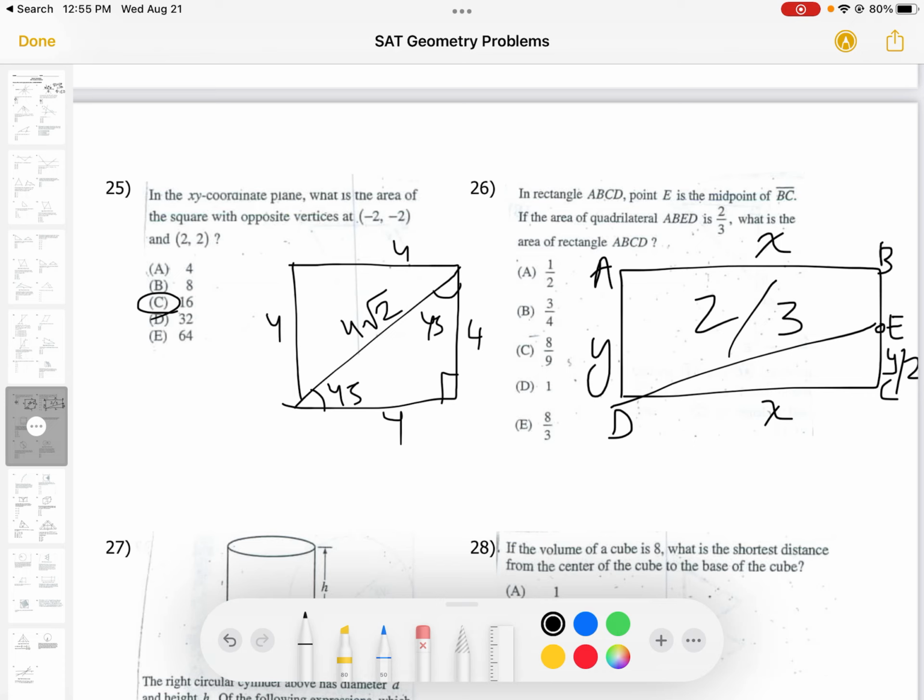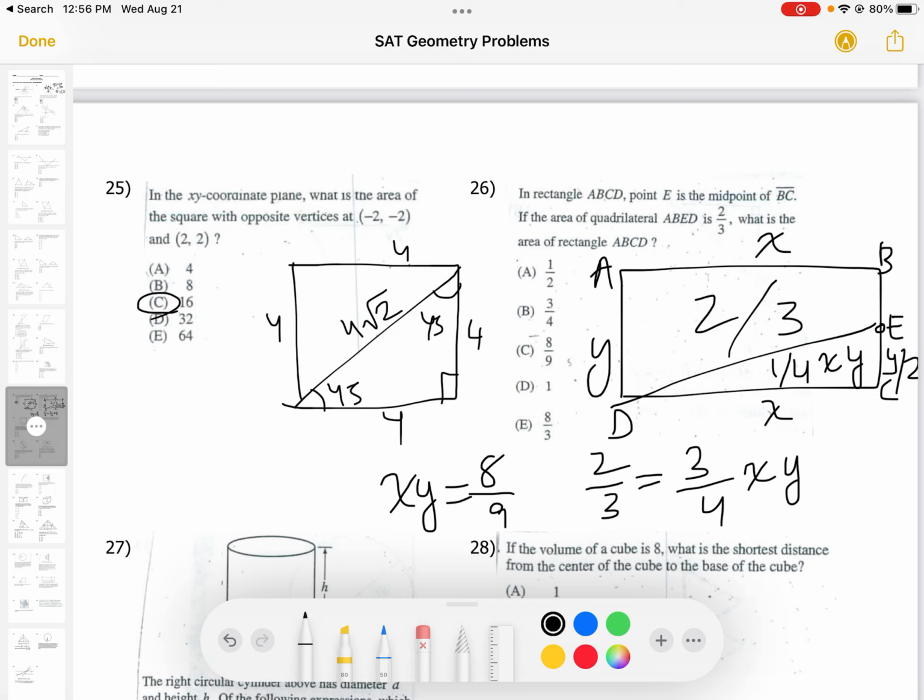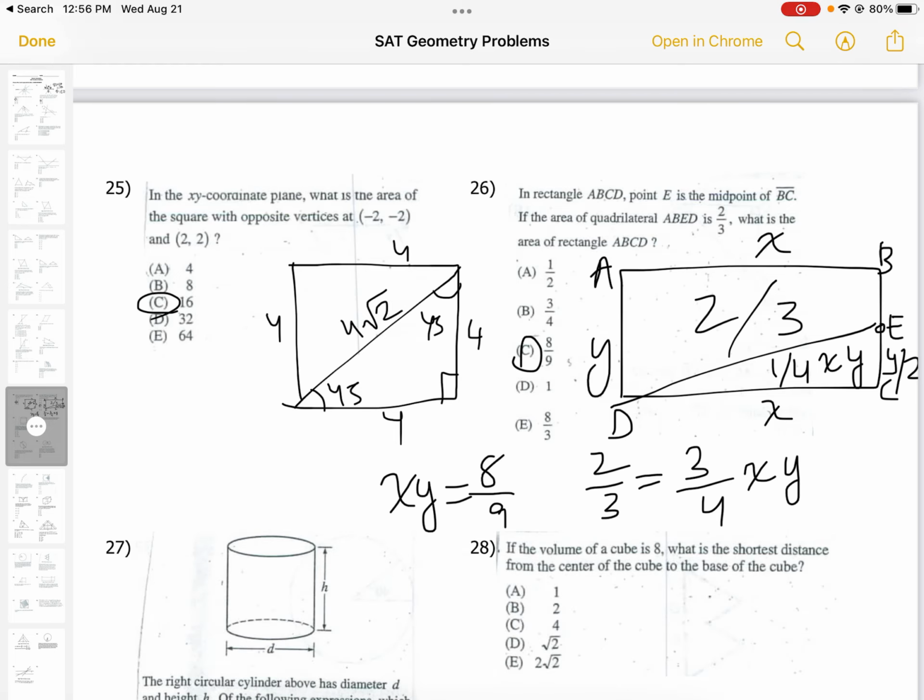So the area of triangle DEC in terms of X and Y is just X times Y/2 times 1/2, which is the area of a triangle. So that's 1/4 XY. And so we know 2/3 is equal to 3/4 of the area of the rectangle. And solving for XY, which is the area of the rectangle, just gives XY is equal to 8/9. And that's it. That's our answer.